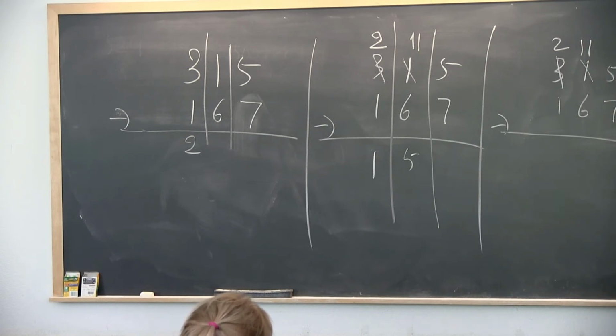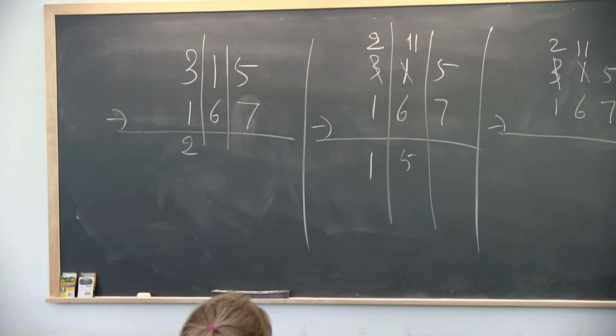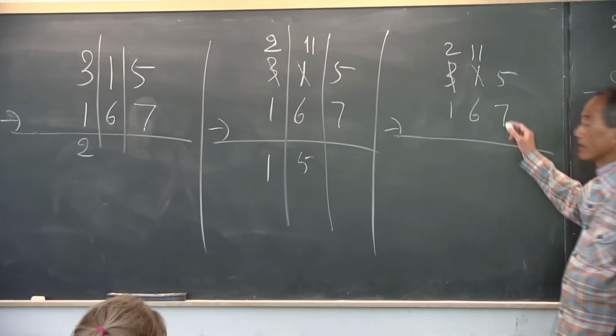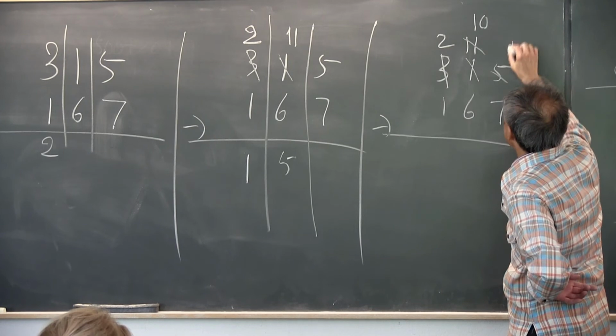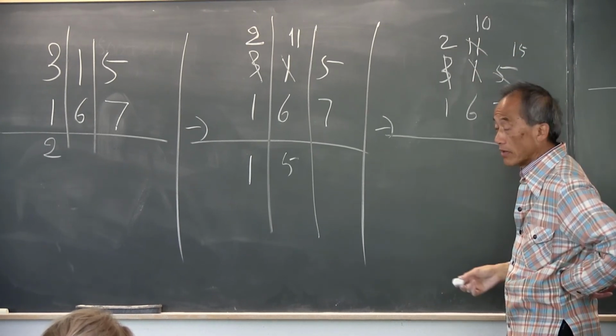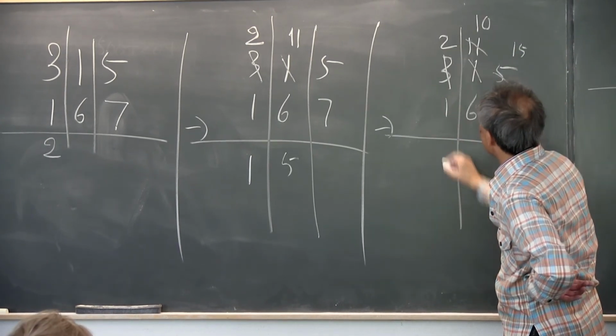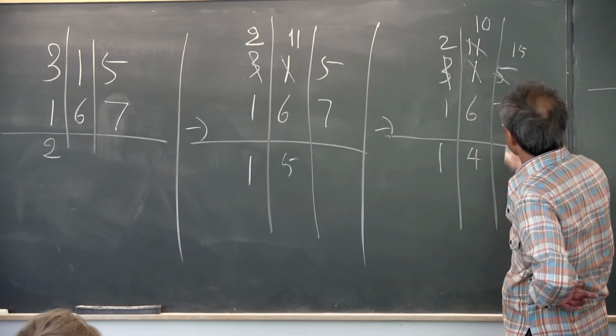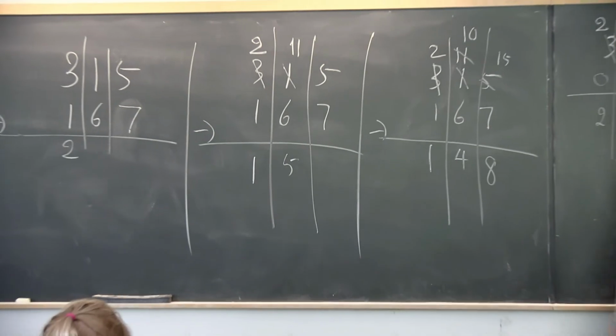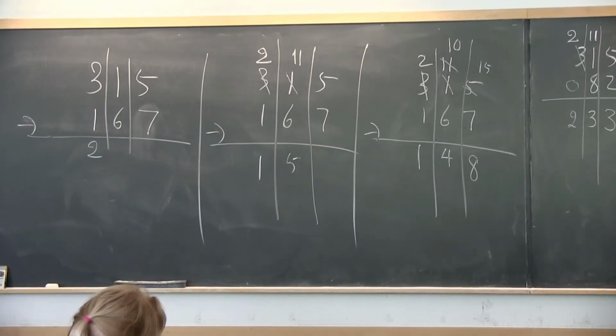But you know that's not going to last, right? So you change the 11 to 10. Now this becomes 15. But you start all over again. So you say 2 minus 1 is 1. 10 minus 6 is 4. And then 15 minus 7 is 8.